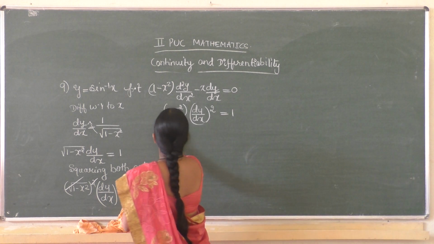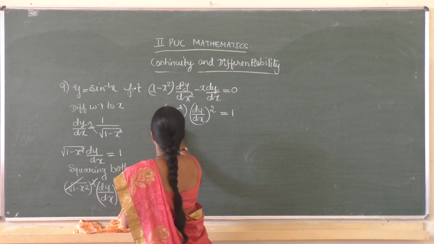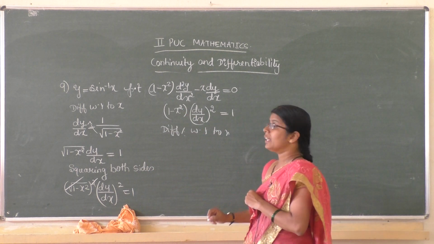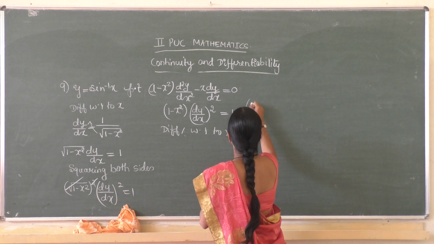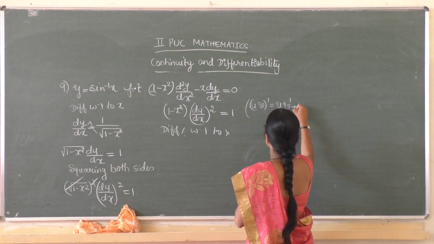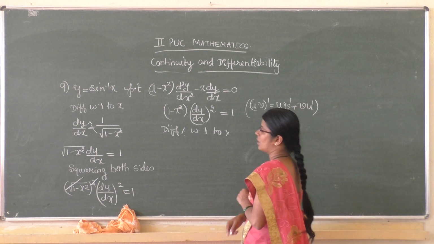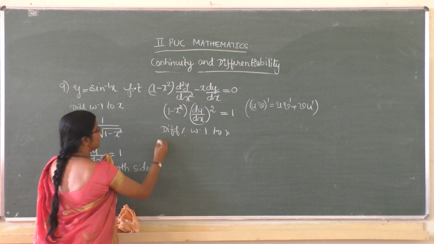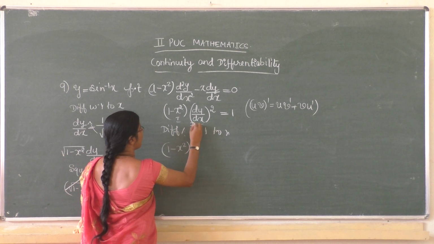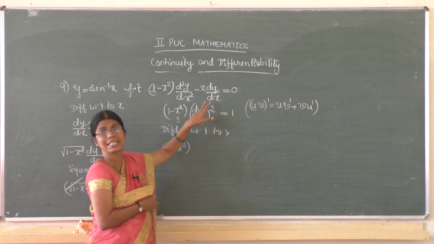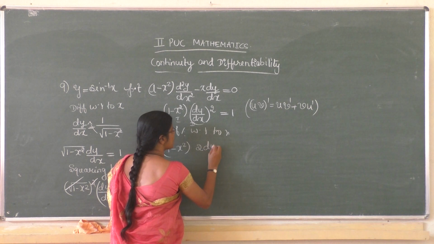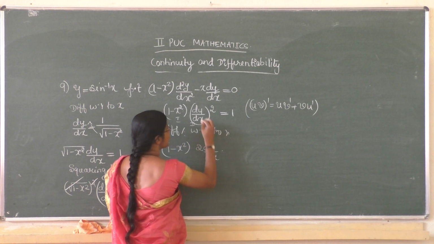Now differentiate this with respect to x. Here what we have to do? You have to apply product rule, that is uv dash is equal to u into v dash plus v into u dash. So what we get here? 1 minus x square as it is. This is the first function, this is the second function. So this is of the form x square, here we have 2x, that is 2 into dy by dx.